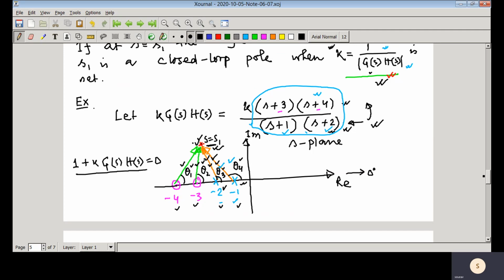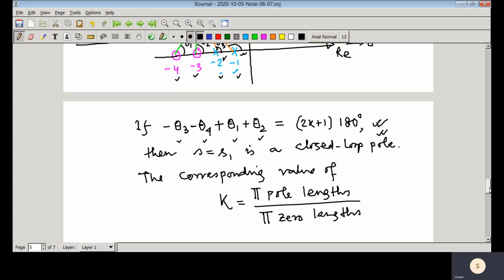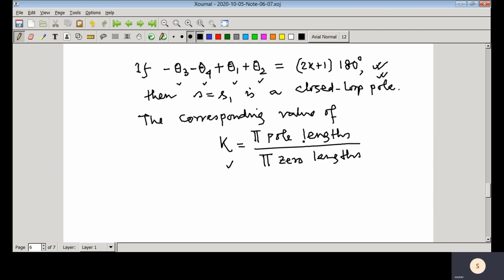And as we have seen, K is equal to 1 by the mod of G(s)H(s), so all zeros are in the denominator and all poles come to the numerator. So K is equal to the product of all pole lengths by the product of all zero lengths.